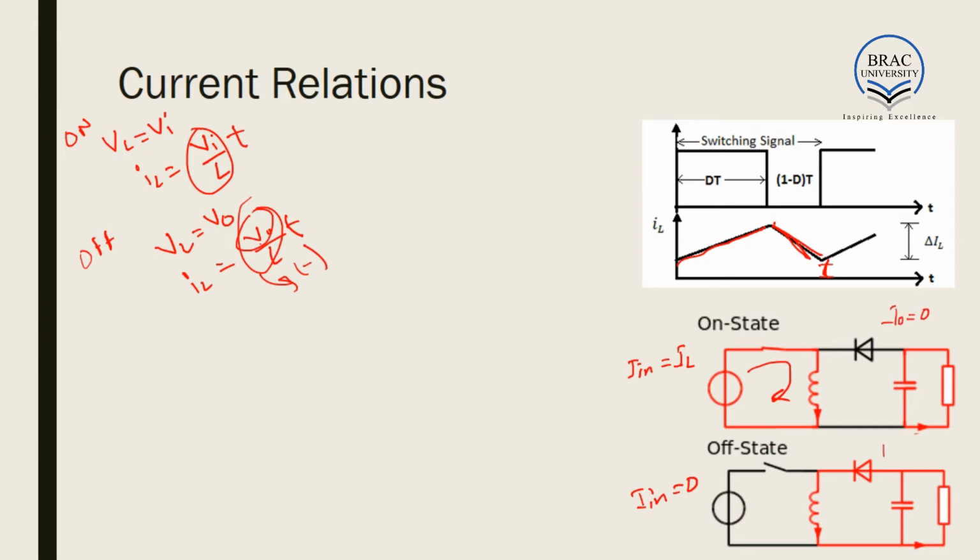In the off state, I output is equal to IL. So we can note that I input is IL when the switch is on, that is, I input will be T on by T into IL, that is D into IL.